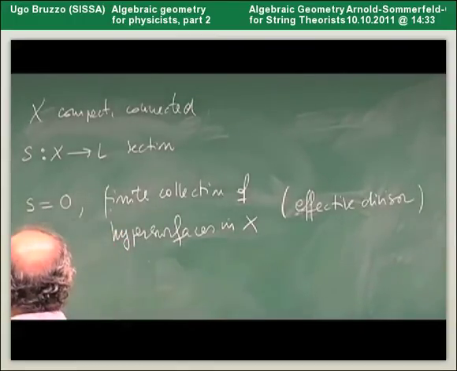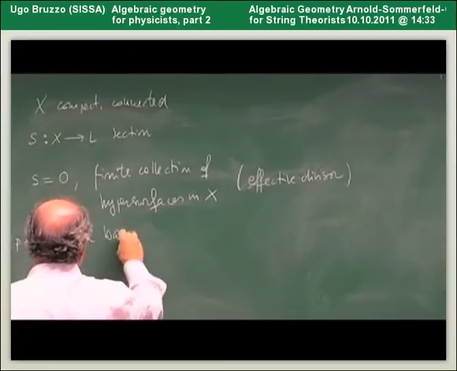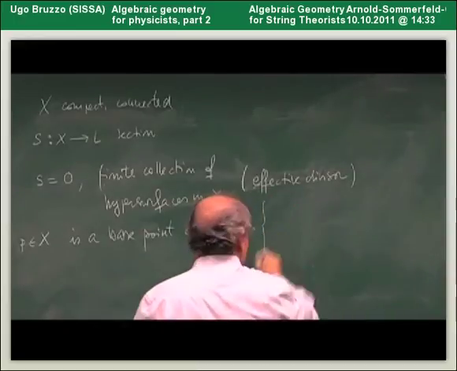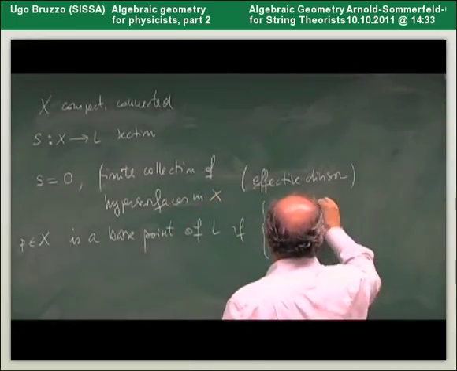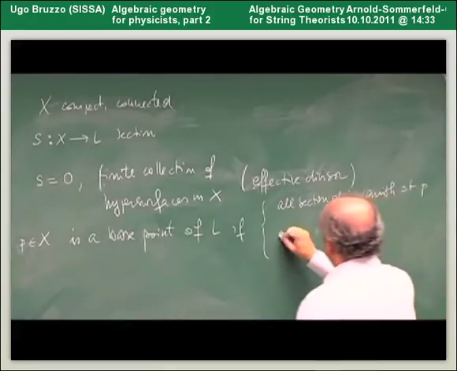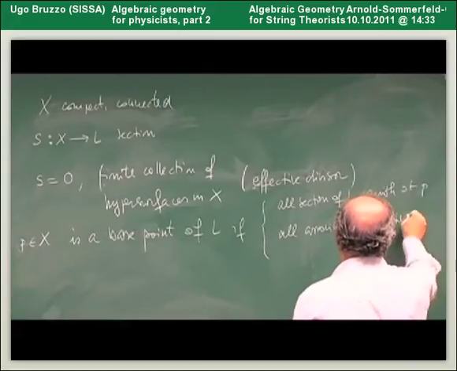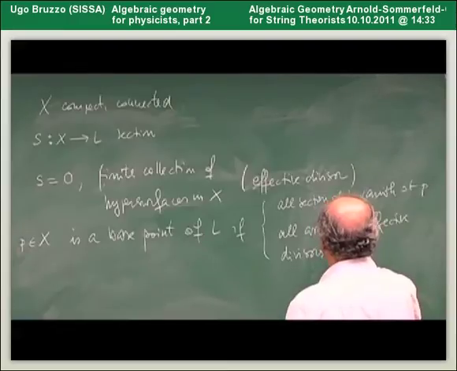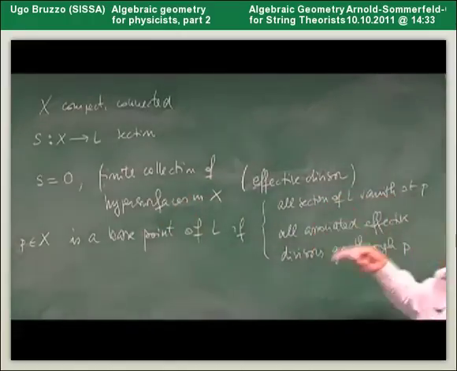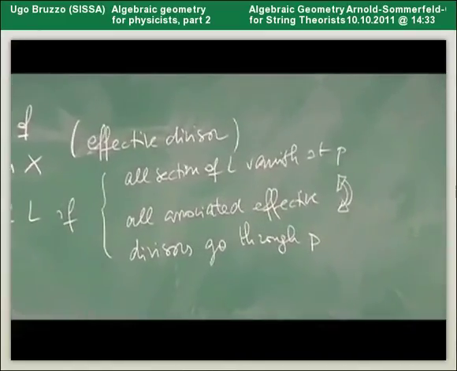Moreover, we call a point P in X a base point of L if, and these two statements are equivalent, all sections of L vanish at P, or all associated effective divisors go through P. You see that by the definition, these two statements are equivalent, because these divisors are exactly given by the zeros of a section.